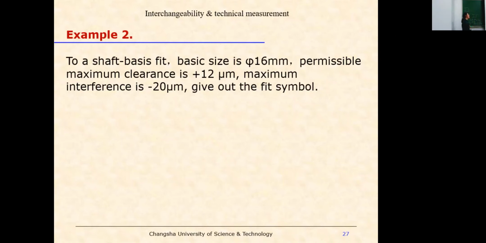Mostly the common design, the shaft is 6, the hole is 7, right? Because this is a high pressure. So from the 6, we can get this one.